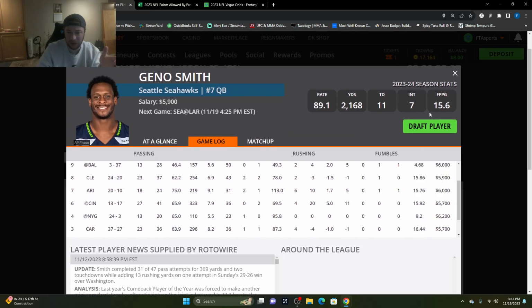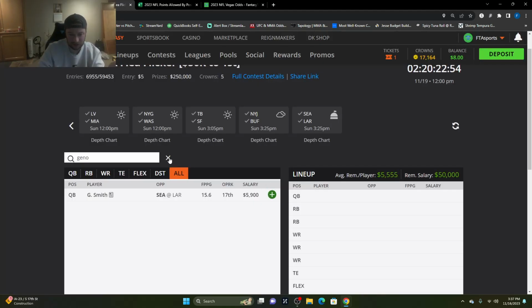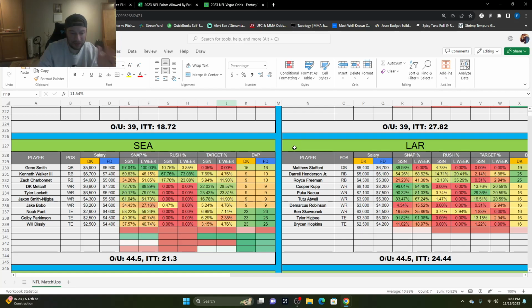I assume they had a bye. That's the problem here. It's a middle of the pack matchup, but he has not looked good this year. He looked good against the worst defense in the league, which is what you're supposed to do. That is the point.